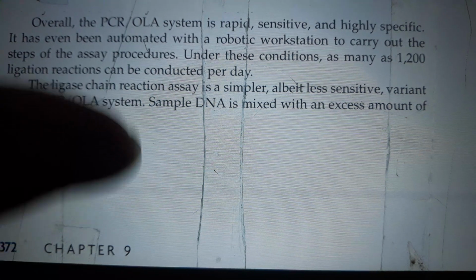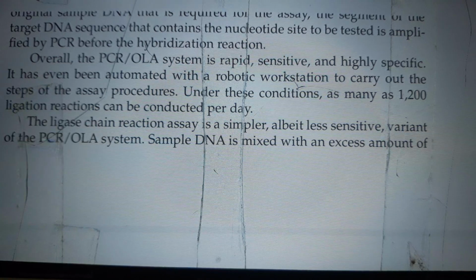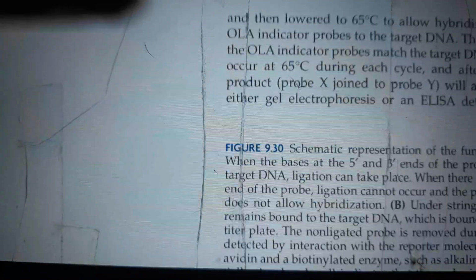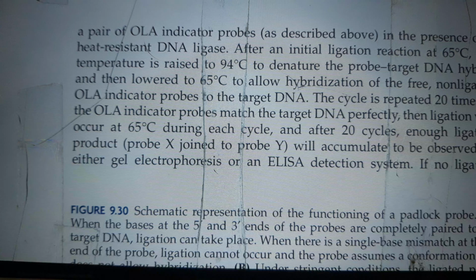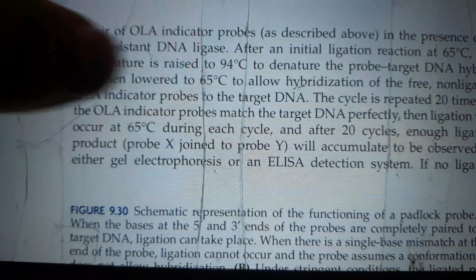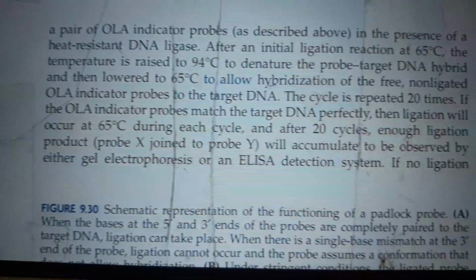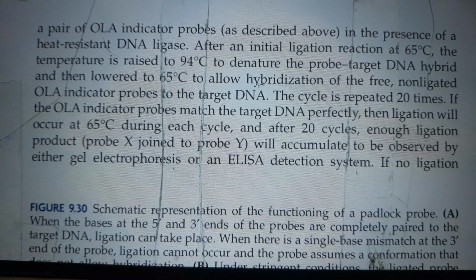The ligase chain reaction assay is a simpler, albeit less sensitive, variant of the PCR-OLA system. Sample DNA is mixed with an excess amount of a pair of OLA indicator probes, as described above, in the presence of a heat-resistant DNA ligase.